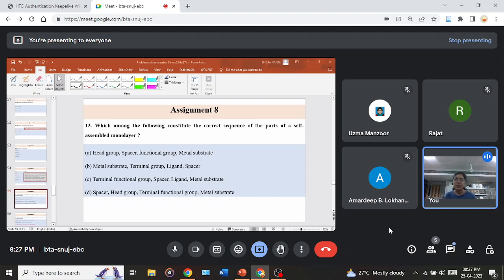So all of these four options have various parts of the SAMs, but there is a sequence by which it is basically arranged, either from top to bottom or from bottom to top. Either way you go, one of these options is correct. So try to recall the structure of these SAMs, or the formation of these self-assembled monolayers.